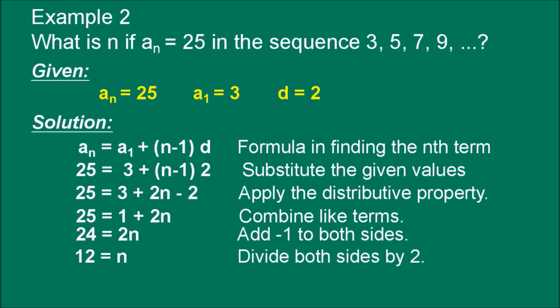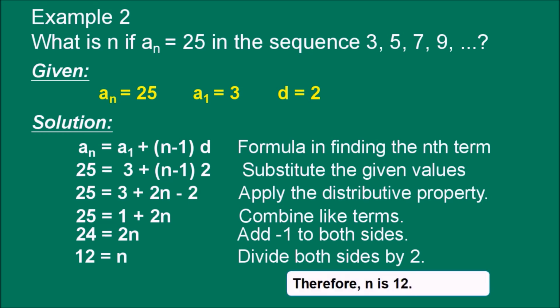Then divide both sides by 2. 24 divided by 2 is 12, and 2n divided by 2 is n. Therefore, n is 12, or there are 12 terms in the sequence 3, 5, 7, 9, and so on.